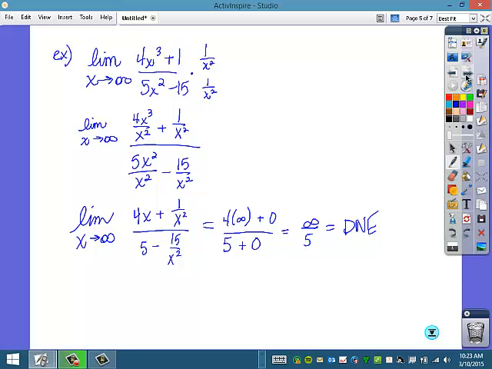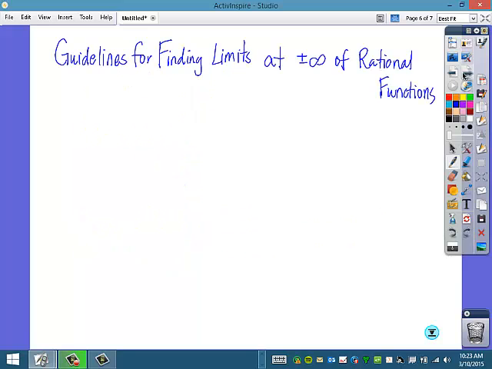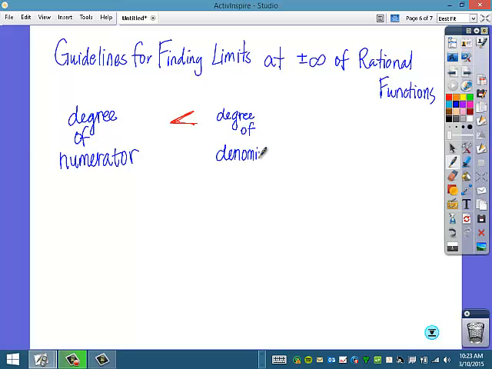So that actually applies to every single limit. If the degree of the numerator is less than the degree of the denominator, then the limit of the rational function is 0.